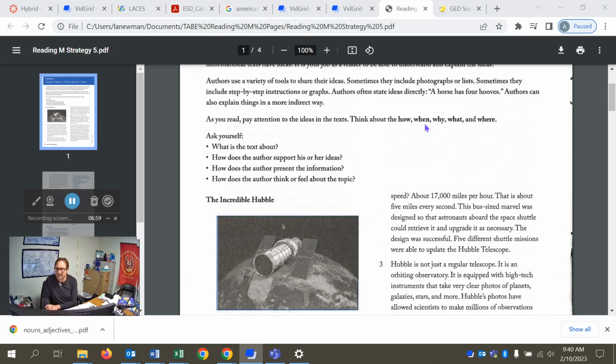I'm going to digress here for a minute and follow a side trail. On the GED social studies test, and even to an extent on the reading test in TABE, you're going to be asked questions about history, particularly American history. That doesn't mean memorize dates.